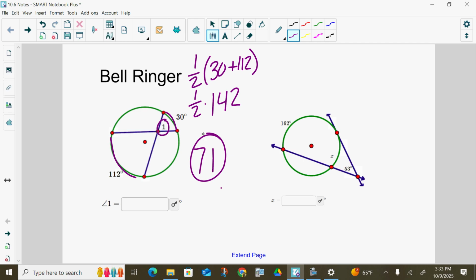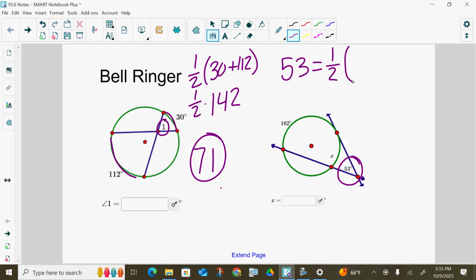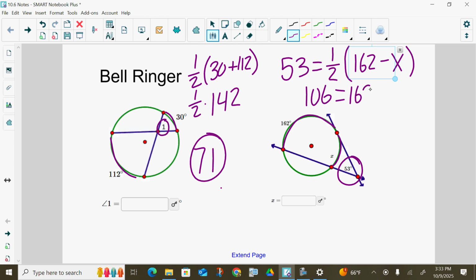For our second one, we learned yesterday that this angle right here, 53, we found that by taking half of our biggest arc, 162, minus our smaller arc, which in this case is our variable. So I'm going to fill in x there, and now I'm going to solve for x. I'm going to take 53 times 2 to get that 1/2 onto the other side. And I get 106 equals 162 minus x.